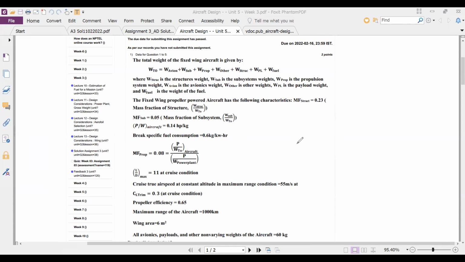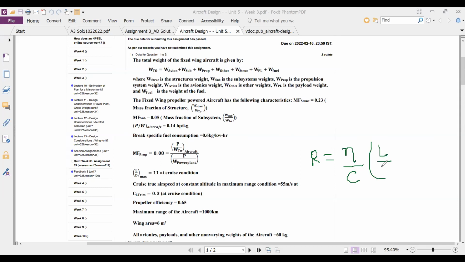Sir, for maximum range, we have the CL and CD values, but for that we need the curve slope, the drag polar. Yes, all right, let's see. So the CL by CD max condition we have for range.